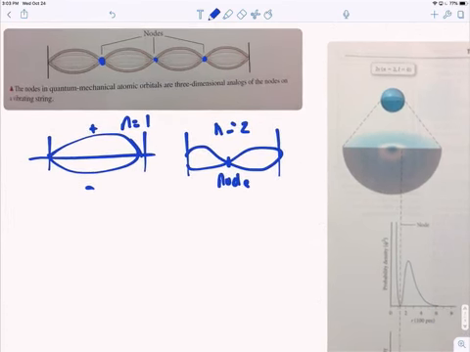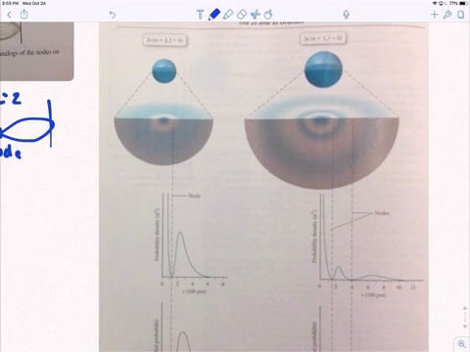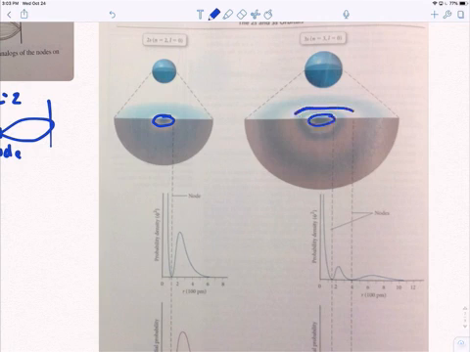And well, it's nodes in the rope example. The same thing with electrons. There's nodes. So the 1s has no node. The 2s though has a node there, and the 3s has 2 nodes, and the nodes are areas of no electron density, zero density.